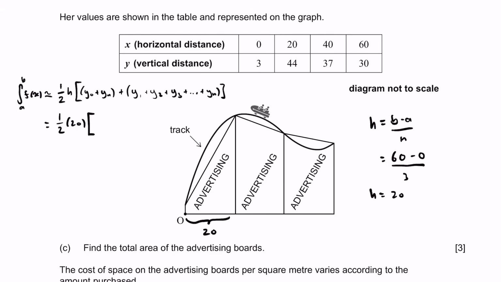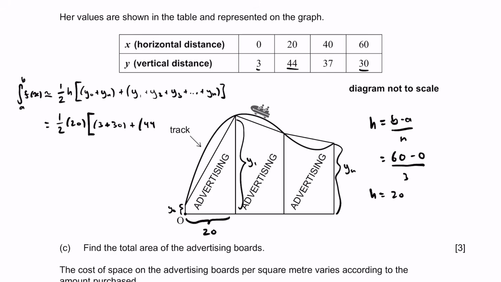There it is. Y naught is the height of this first section right here. So my pen works, there we go. Y naught is right here, and it is equal to 3. Yn is this right here, and it is equal to 30. Plus y1, which is equal to 44.